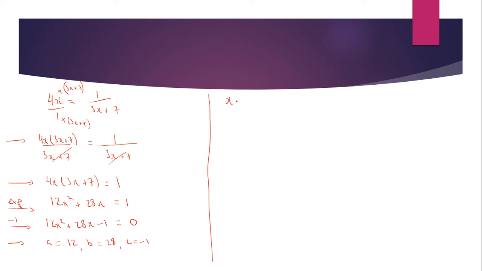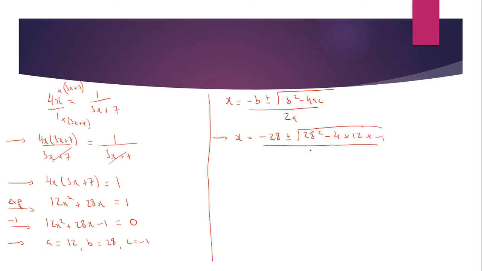So x is negative b plus or minus the root of b squared, take 4ac, all over 2a. So x is going to be minus 28 plus or minus the root of 28 squared, take away 4 times 12 times negative 1, all over 2 times 12. So work it out.